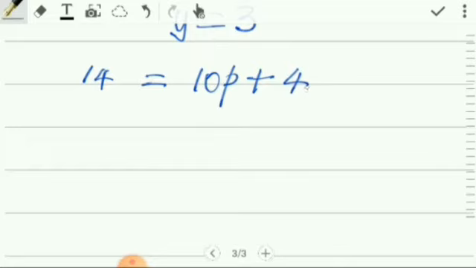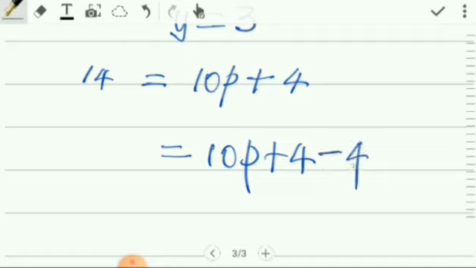So basically, 10p plus 4, we will minus 4 from this side. But whatever you do to one side, you have to do the same thing to the other side. So I'm going to minus 4 from the left side. This side becomes 10, which is now equal to 10p.